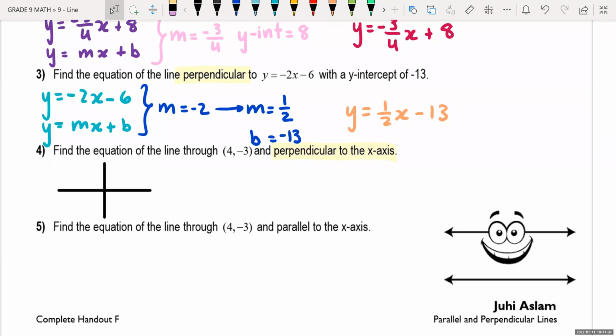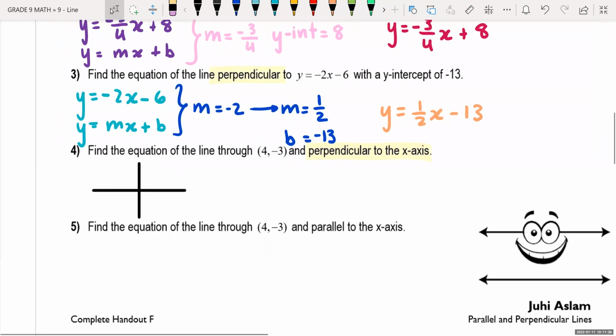All right. So find the equation of the line through 4 comma negative 3. Let's sketch where 4 comma negative 3 would be. If this is approximately 4, I'm going to say this is approximately negative 3. I'm just not going to write the numbers. We know that they're there. It's going to be perpendicular to the x-axis.